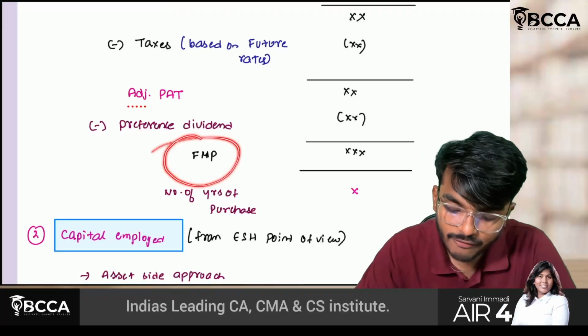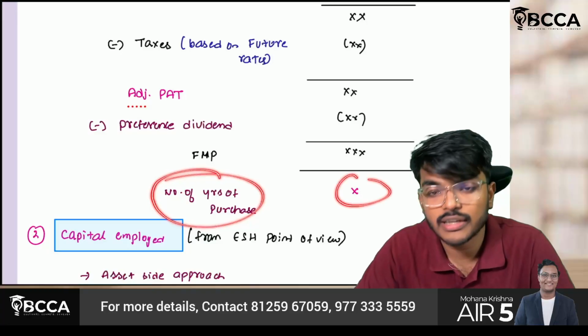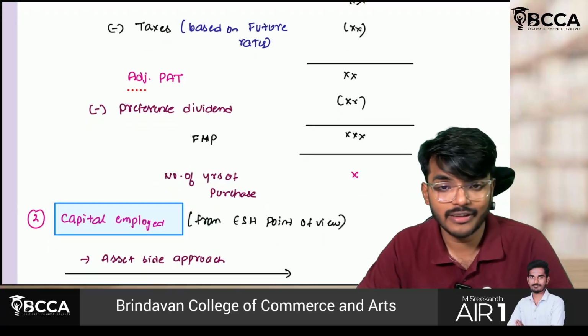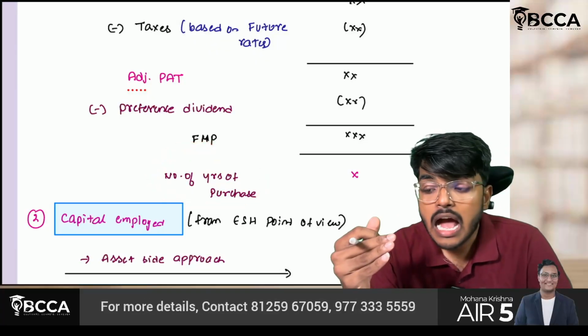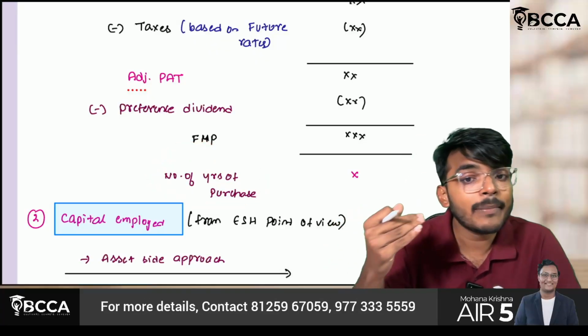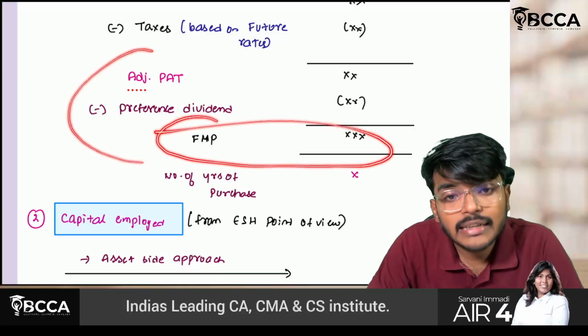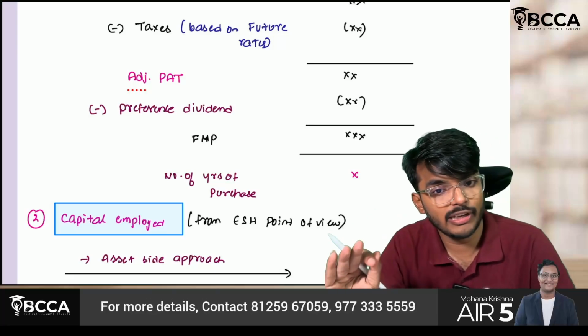Finally, you will get future maintainable profits, and that should be multiplied by the number of years of purchase. Sir, what is the meaning of number of years of purchase? I have already given the logic as well. It is nothing but how many years I am expecting these same future maintainable profits will continue only with the help of goodwill.